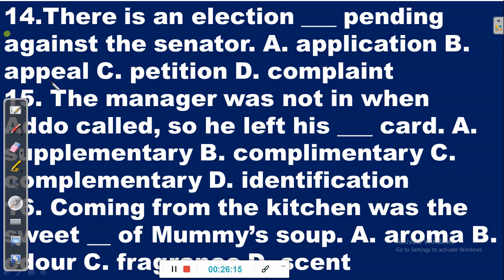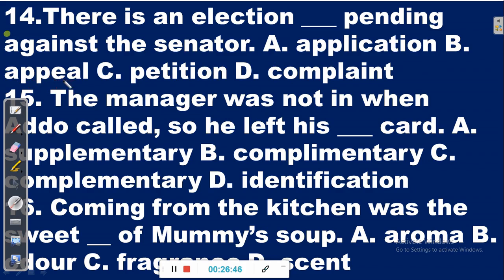It's similar to the other question we already discussed in the previous questions, where the appellate court nullified the decision by a lower court. That happens when an appeal is brought to the appellate court.